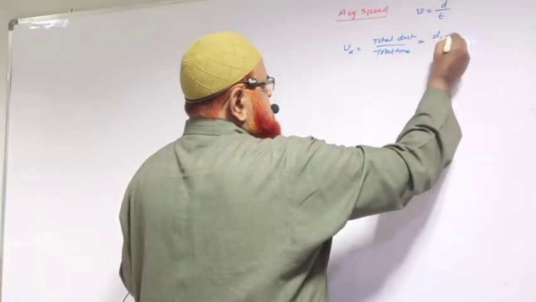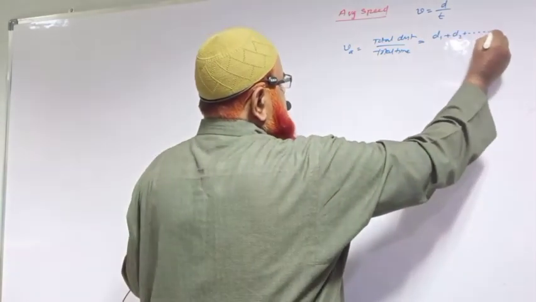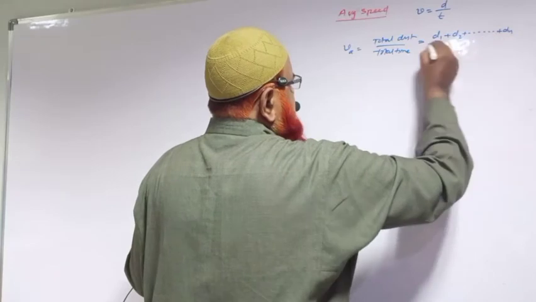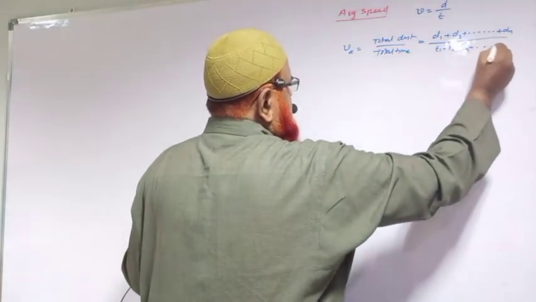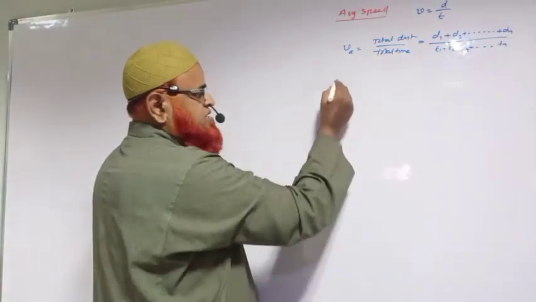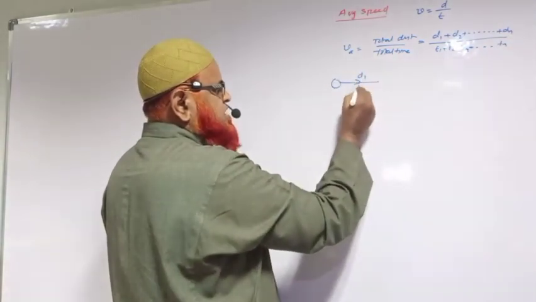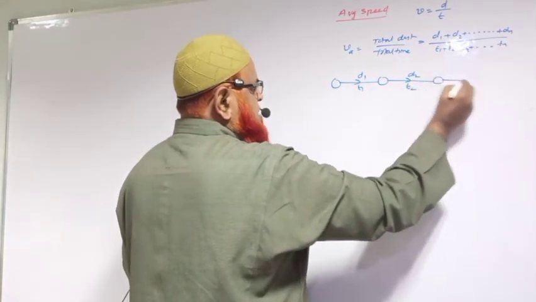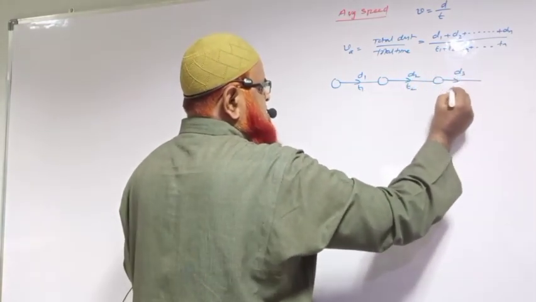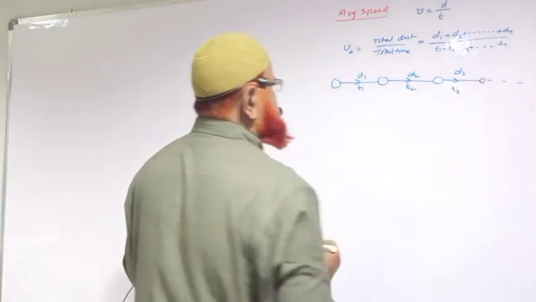And what is the total distance? Let us take total distance as d1 plus d2 plus d3 up to dn by t1 plus t2 plus t3 up to tn here. For example, a body moves a distance d1 in time t1, a distance d2 in time t2, a distance d3 in time t3 and so on.